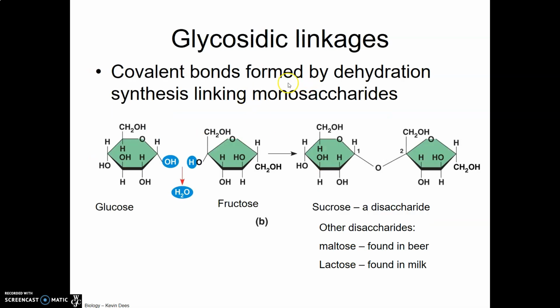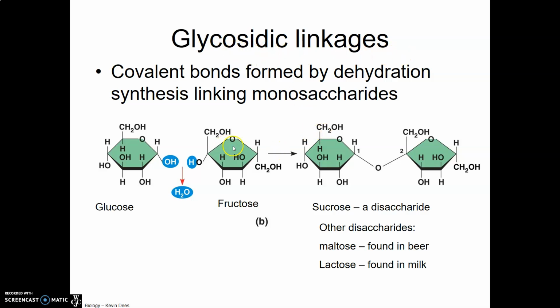Now, if we look at how we form disaccharides and ultimately polysaccharides by dehydration synthesis, the covalent bond that is formed when these reactions link monosaccharides together is called a glycosidic linkage.